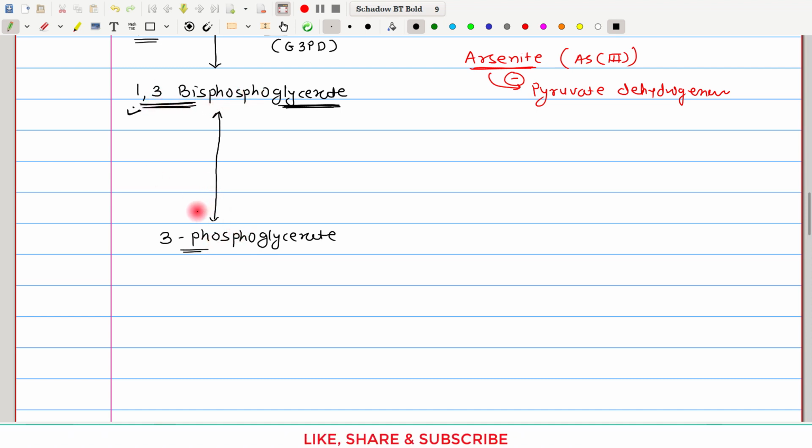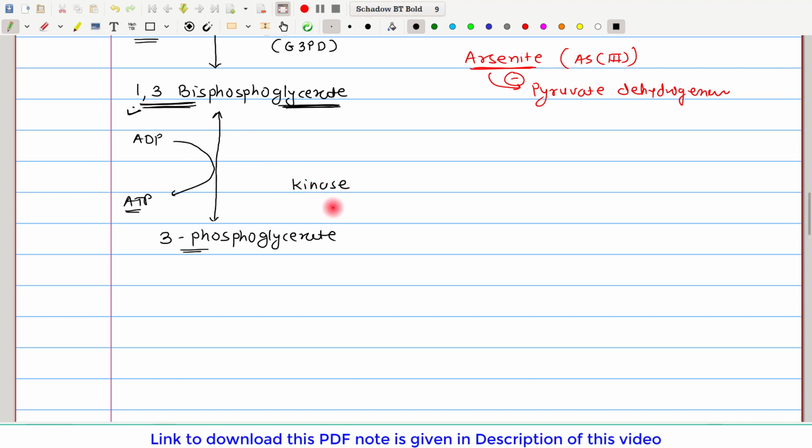So, where is this phosphate going? That phosphate is received by this ADP, and ADP gets converted to ATP. So, here as you can see, ATP is involved in the reaction. So, by our rule, what enzyme will catalyze this reaction? Of course, it is going to be a kinase enzyme.